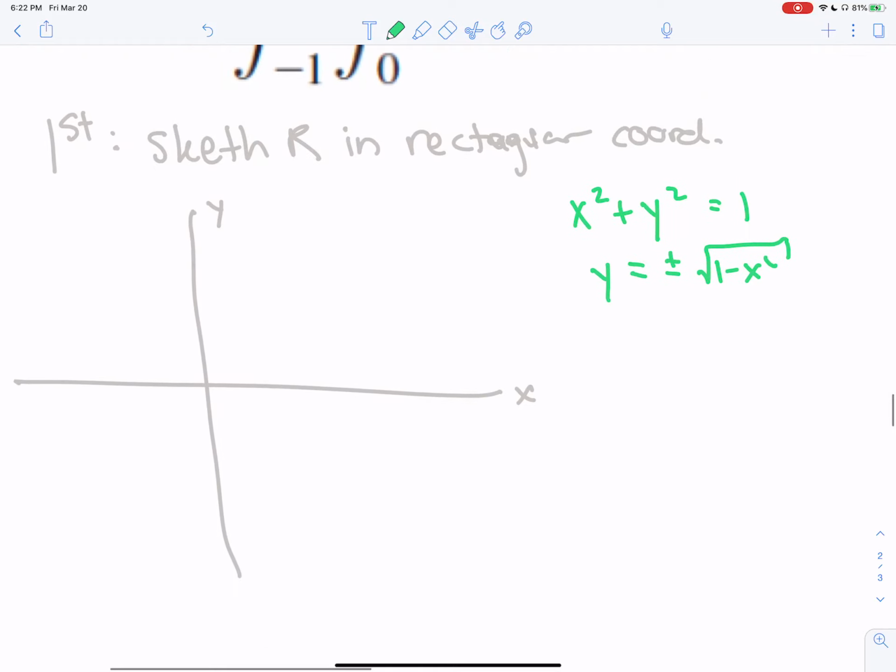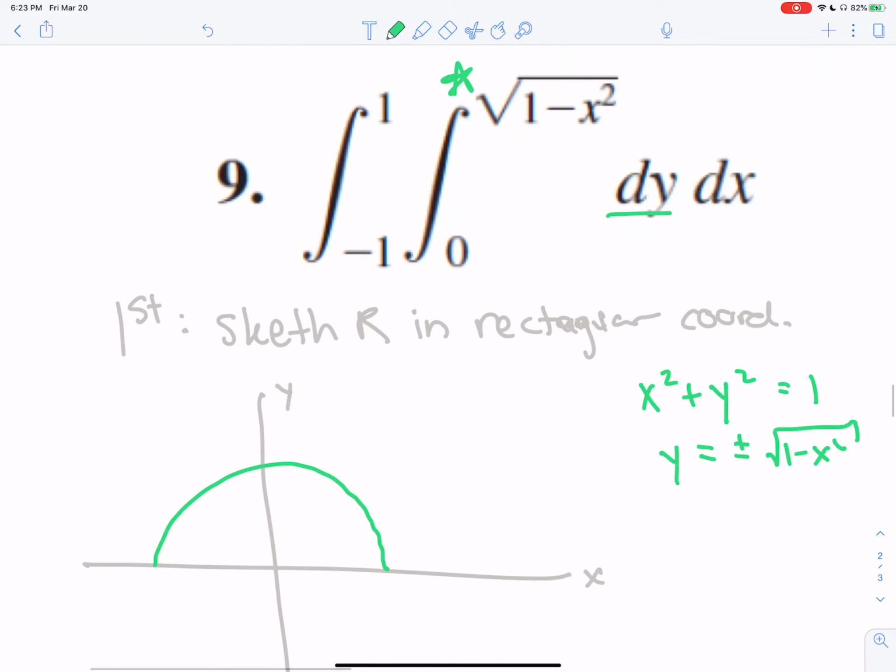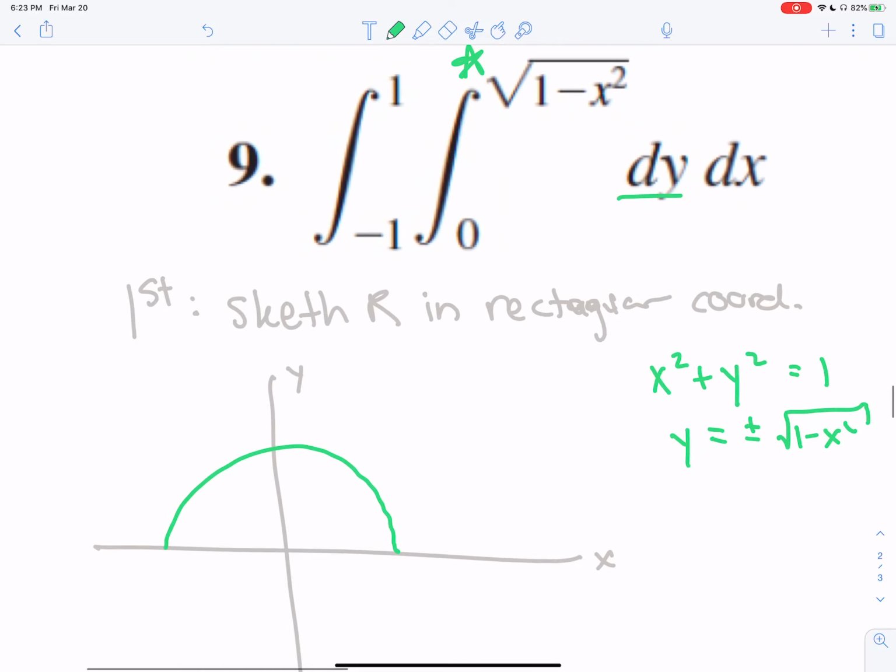The positive portion gives you the upper half, and the negative portion gives you the lower half. So the combination of them traces out the entire unit circle, but in this case, we're just looking at the top half, from 0 to the positive square root of 1 minus x squared. And then our x bounds go from -1 to +1.